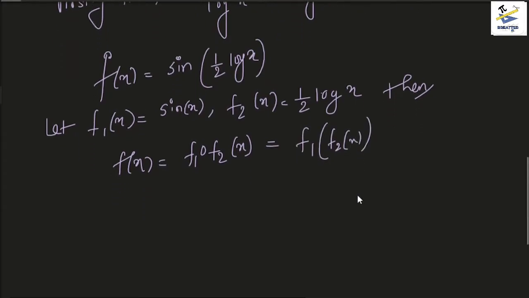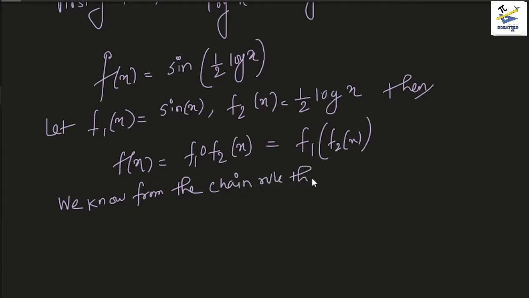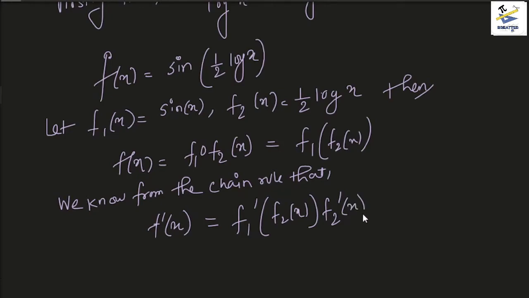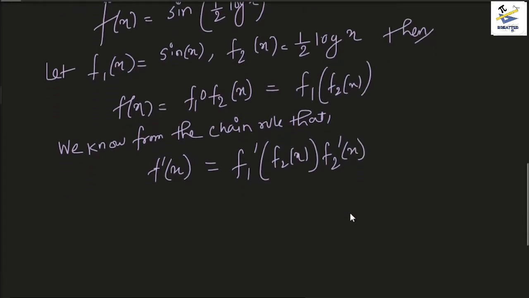The chain rule tells us that when we differentiate a composite function of this kind, f dash of x should be equal to f1 prime with the argument f2 of x, multiplied by f2 prime of x. So how do we do that?